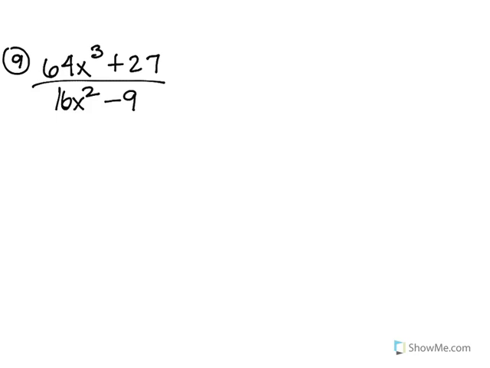GCFs? Do I have a GCF on top? What's the GCF on top? What's the GCF on the bottom? The bottom is a difference of squares. There's not a GCF on top nor bottom. What's the top? Sum of cubes. So you have a sum of cubes and a difference of squares.